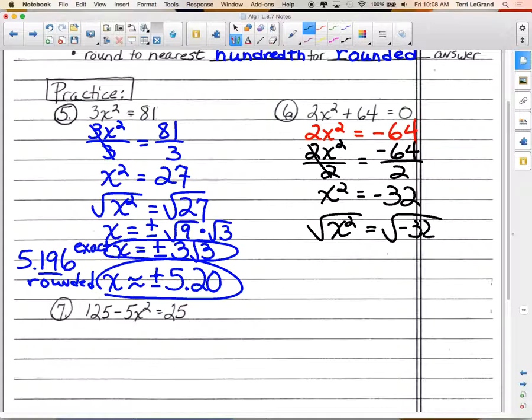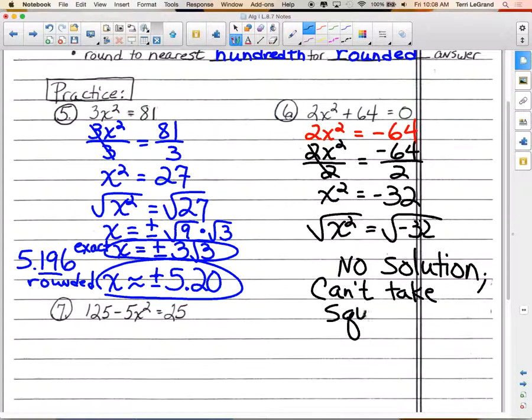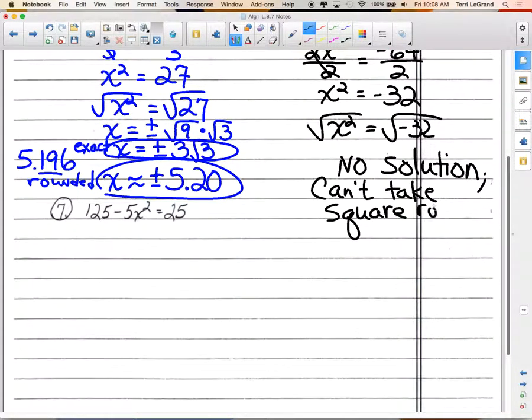You can't find an exact or rounded answer. So we're going to say no solution. And we're going to put in our notes why. Can't take square root of a negative.